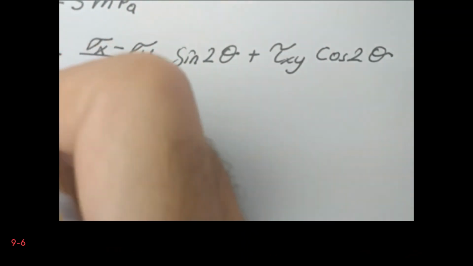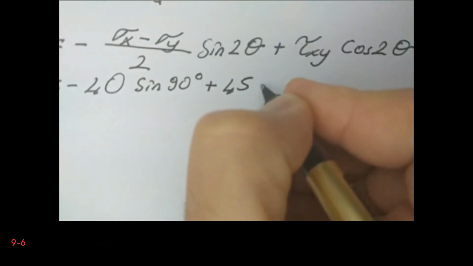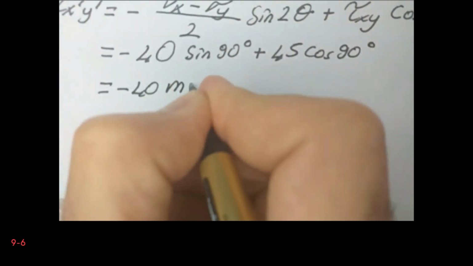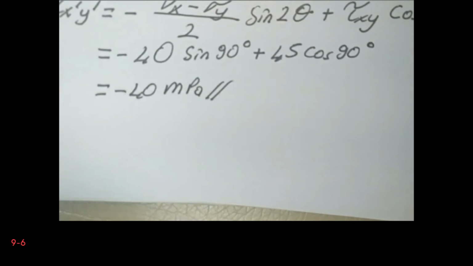Sigma y is 0, sigma x is 80 divided by 2 is 40, so this is minus 40 sine 90 degrees plus 45 cosine 90 degrees, and as a result we have minus 40 megapascals for the shear stress on the plane.